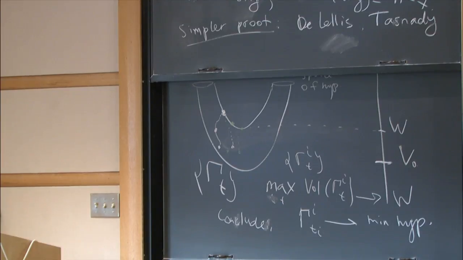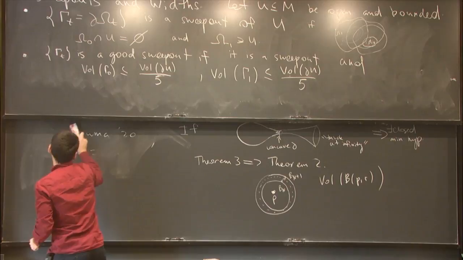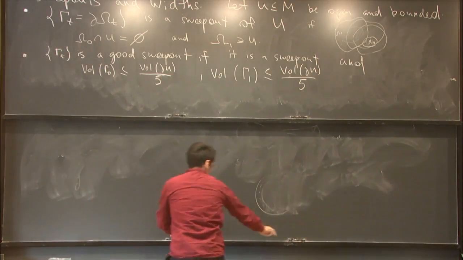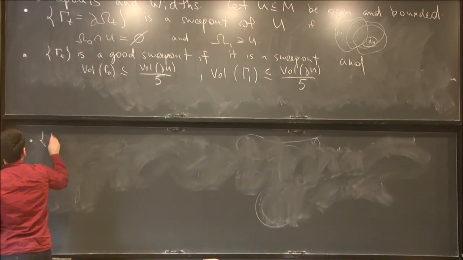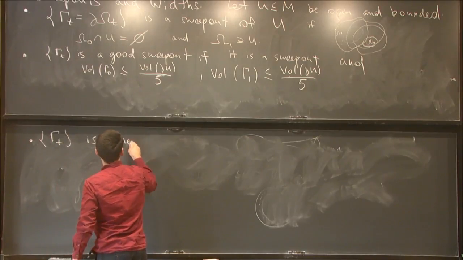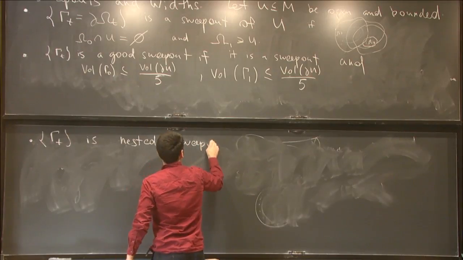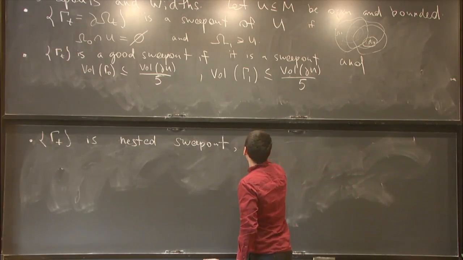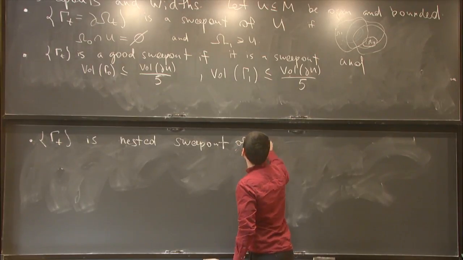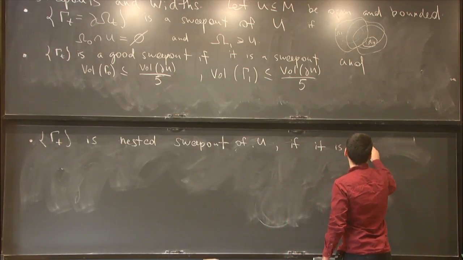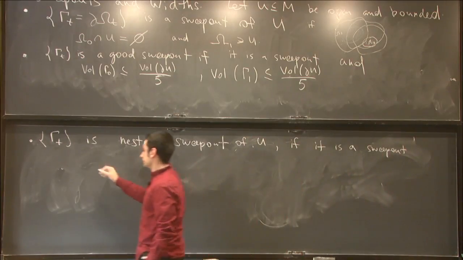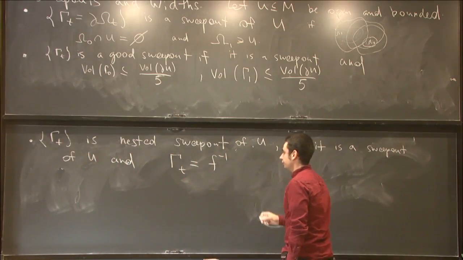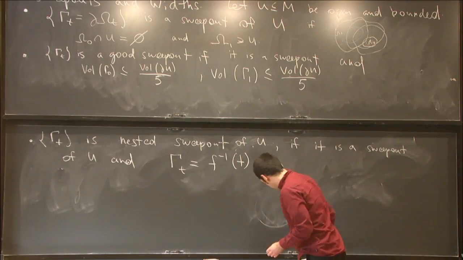And then finally, we'll define something called a nested sweepout of U if it is a sweepout of U and gamma t is actually a preimage of some Morse function.